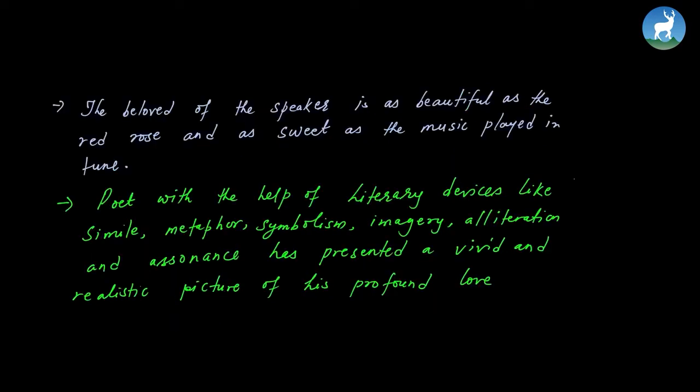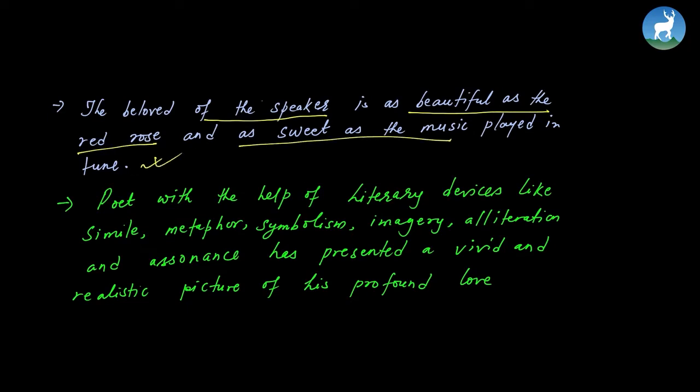And the next thing we can see throughout the poem is that the beloved of the speaker is as beautiful as a red rose and as sweet as music played in tune.